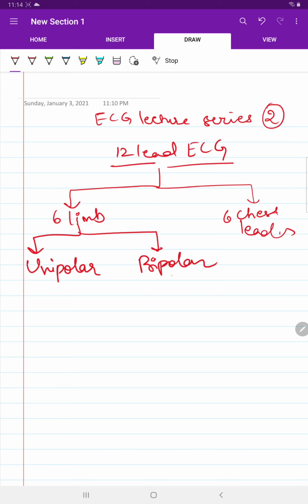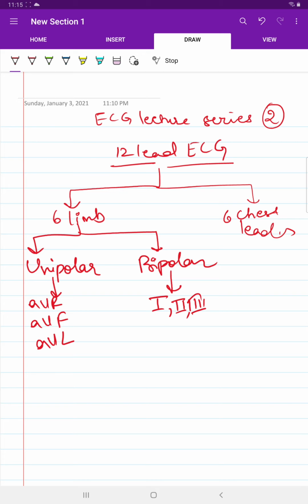In bipolar leads, there are first, second, and third. In unipolar leads, there are AVR, we know augmented voltage, right? AVF and AVL. These are the 12 leads of the ECG.